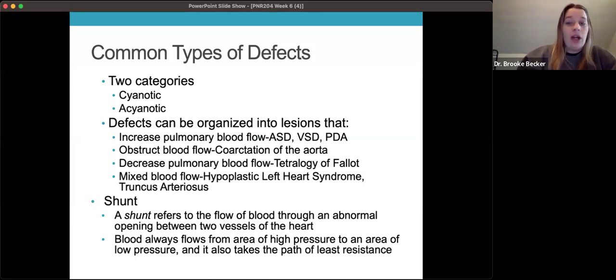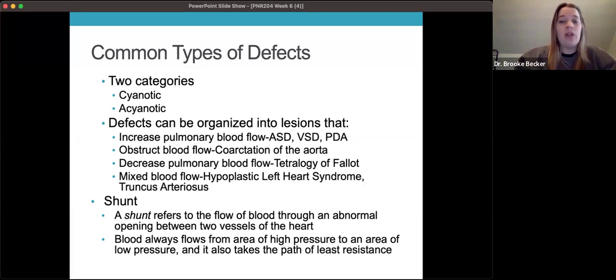Increased pulmonary blood flow, that's going to be your ASD, your atrial septal defect, your ventricular septal defect, your VSD, and your PDA. Then there's obstruction of blood flow, or narrowing. Coarctation is a narrowing. So with coarctation of the aorta, there's going to be an obstruction because there's just a smaller space for that blood to get through.